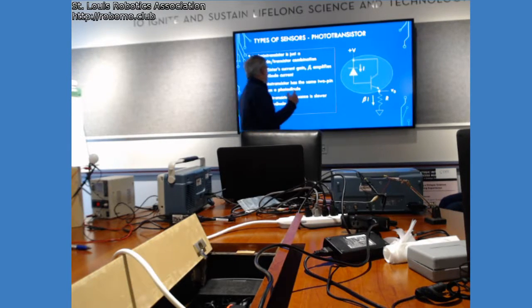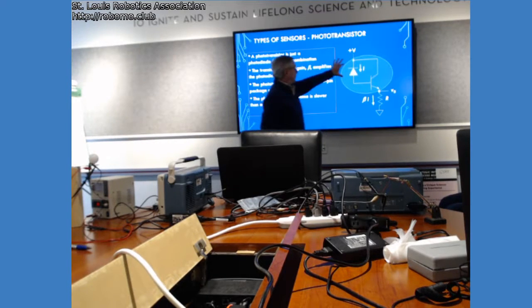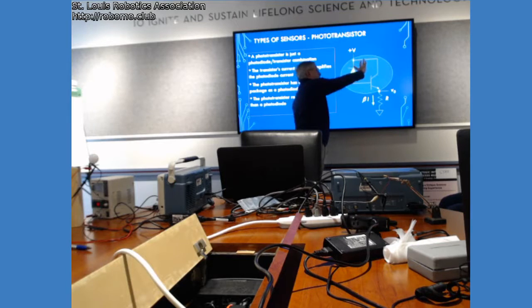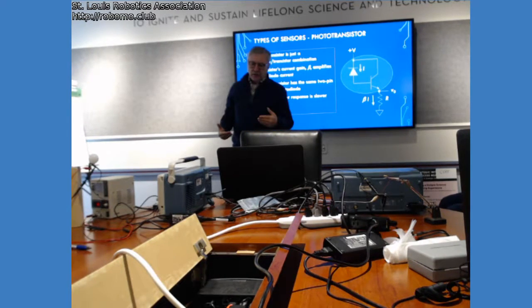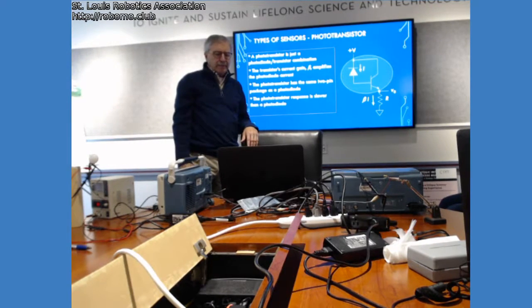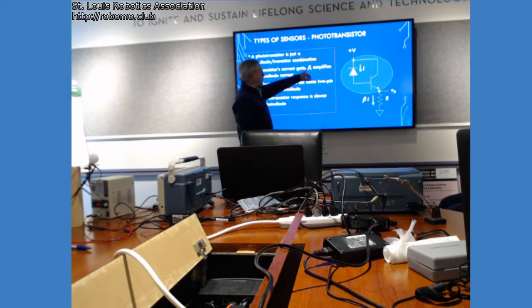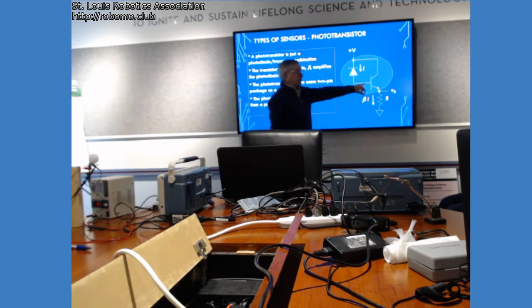It's always slower than the photodiode by itself, and the reason is that the parasitic capacitance of this photodiode is now across the base-collector, and there's something called Miller capacitance, which I won't get into here, but it slows it down by a factor of about the beta of the transistor, the beta being the current gain.